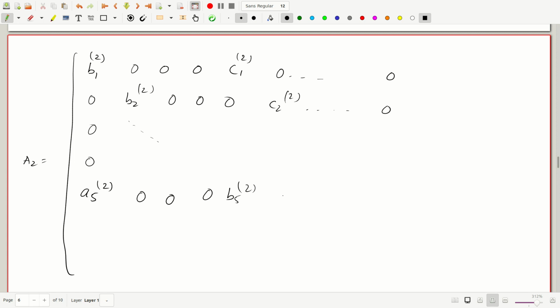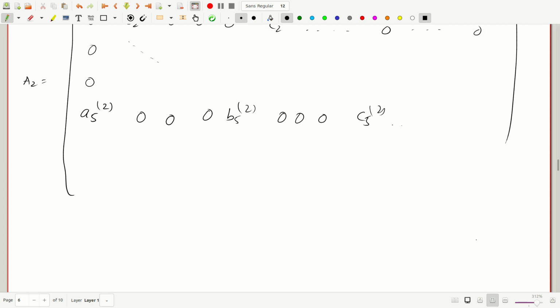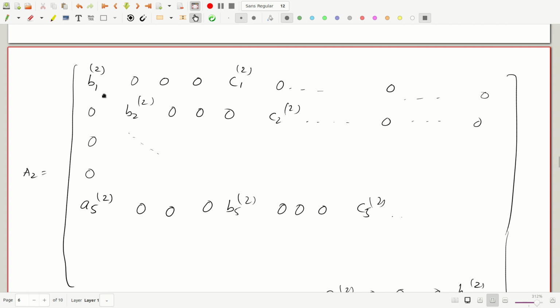And then again 3 zeros, and you will get C5 of 2, and of course zeros here. And then finally the last row would contain Bn of 2, 0 0 0 An of 2. So what you see is that the diagonal elements are there, and the off diagonal elements are now pushed by 3 more elements away, in both directions.